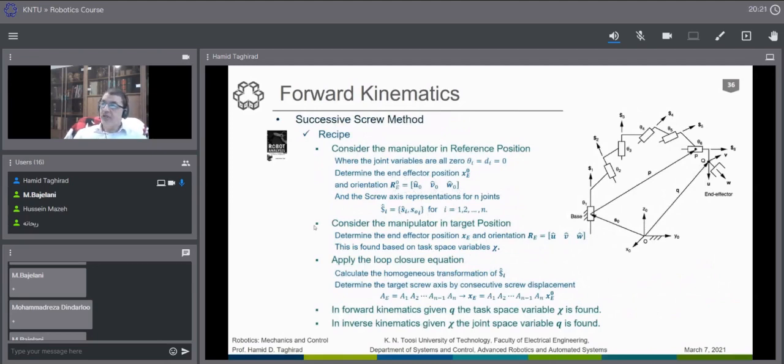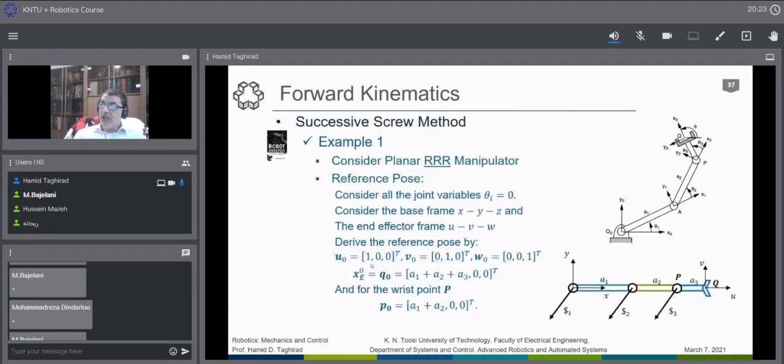This is just to represent the rotation matrix by their vector components. By this means, as we see, we have the reference coordinate quite easily. Now we find the screws. The screws should be determined by 4 parameters.